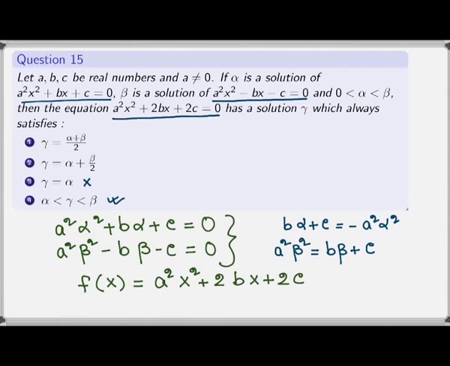Now to check whether the first option is correct or not, let us compute f of alpha plus beta divided by 2.